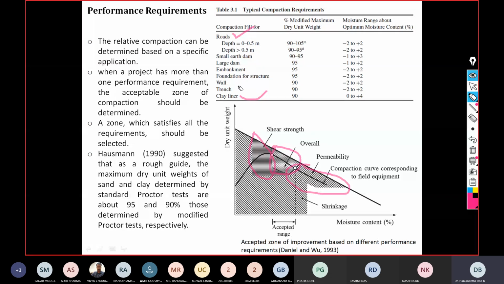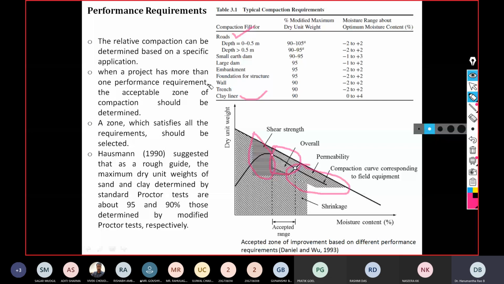So as I told, is your target strength, or permeability, or volume change, or is your target overall? That means you are looking at the permeability as well as the compaction, so on and so forth. So when a project has more than one performance requirement, the acceptable zone of compaction should be determined. So this is called an acceptable zone.